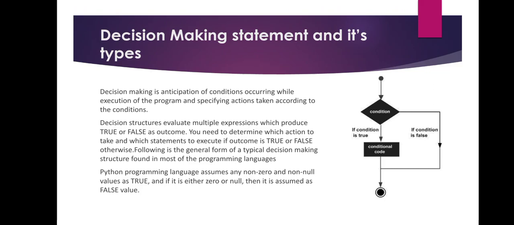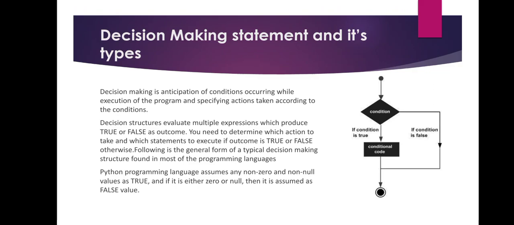If the condition is true, then we print one statement. Otherwise, if the condition is false, we print another statement. While executing the conditions, we require decision making statements. It takes the decision. That's why we have to use decision making statements in our programming. In every programming language we use decision making statements.